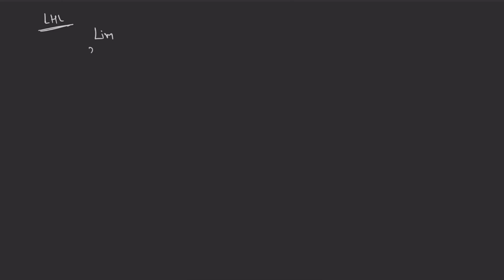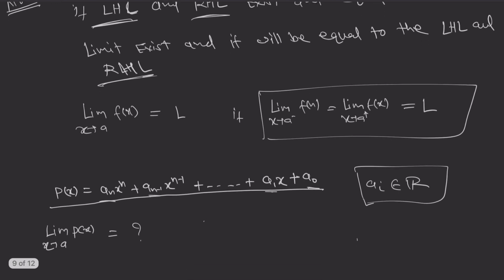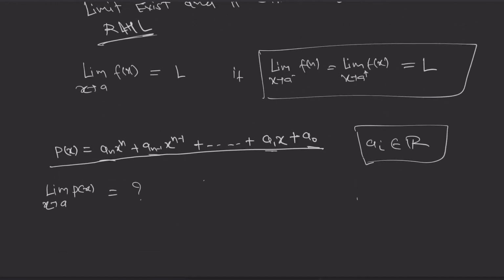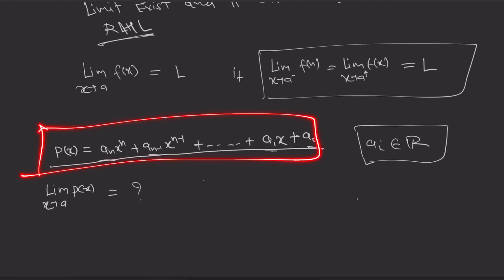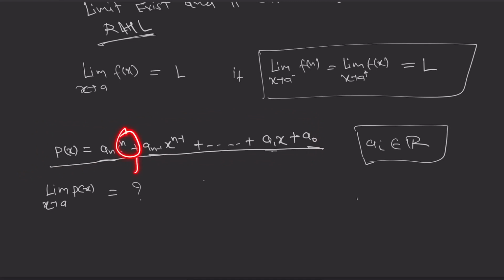Limit x tends to A minus f of x, which will be equal to limit h tends to 0 of f of A minus h. So here f is P, and I have to put A minus h in this instead of x.